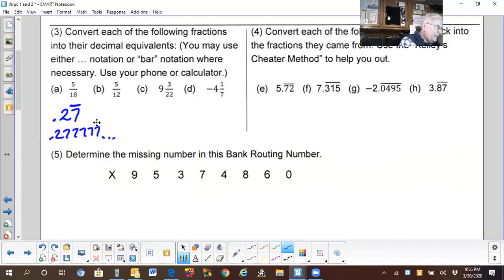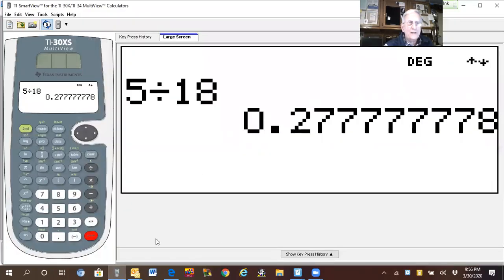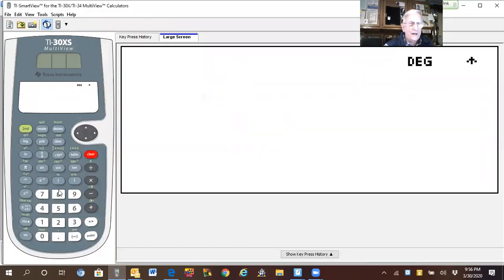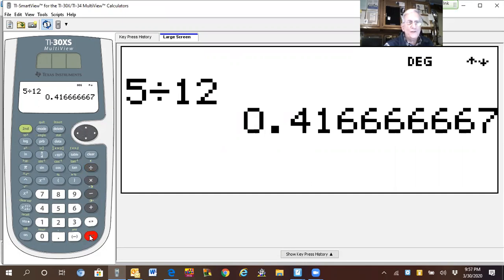Now, to give myself more room, I'm going to erase the second answer here. How about 5/12? If I bring the calculator back up, I can take 5 and divide it by 12. And when I do that, you will see that I obtain 0.416, and then the 6s start repeating.